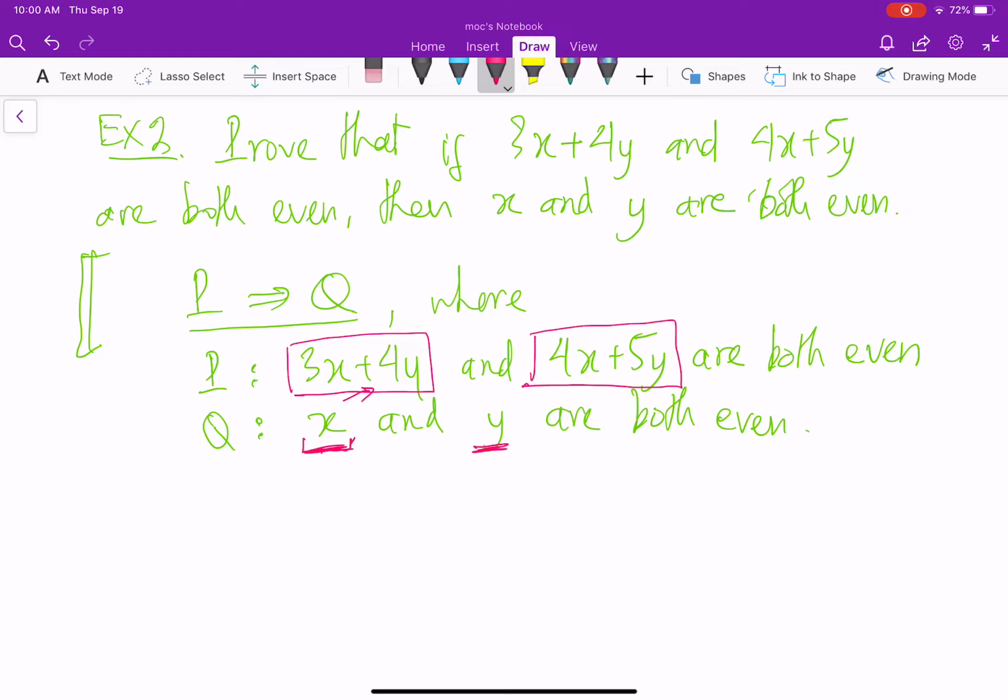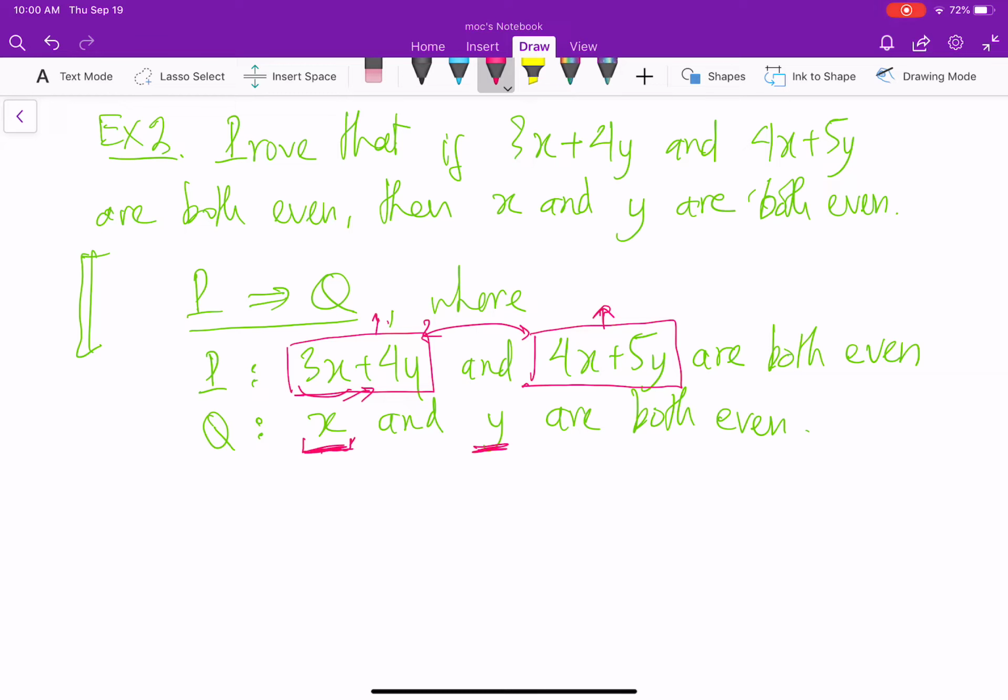So I try to get a direct proof in this situation. I want to eliminate x or y from these expressions. What happens if I eliminate, for example, x?